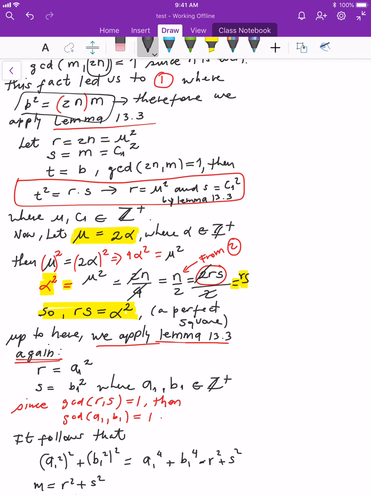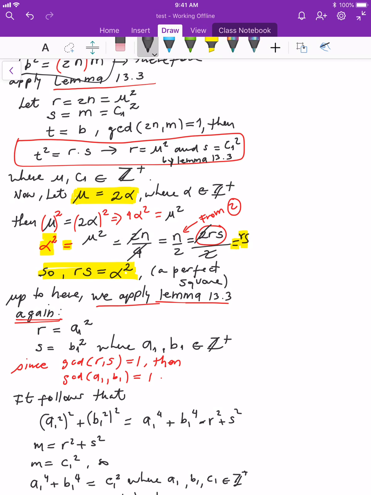And r is equal to n, let's call it u squared. If you apply the lemma, you will notice that s is equal to m, and we call it z1 squared, because our original equation was a, b, and c. Now we're calling it z1.